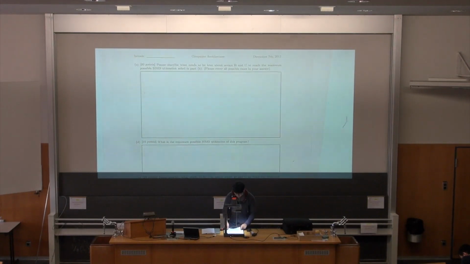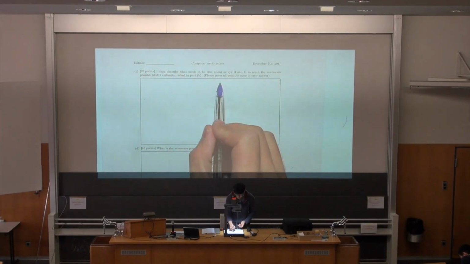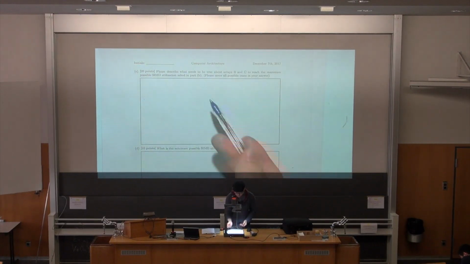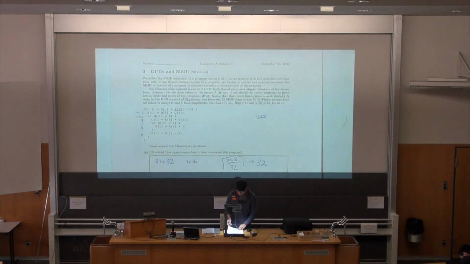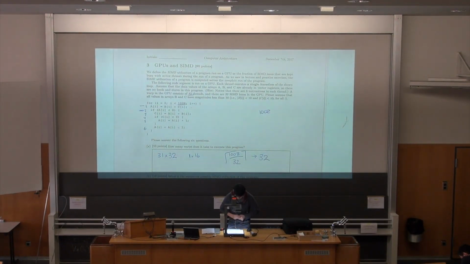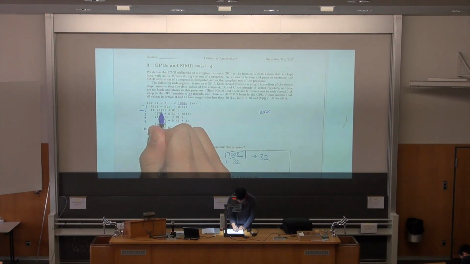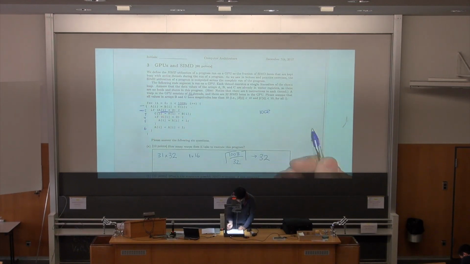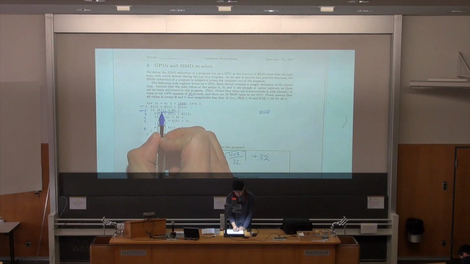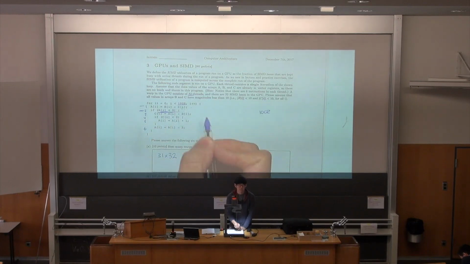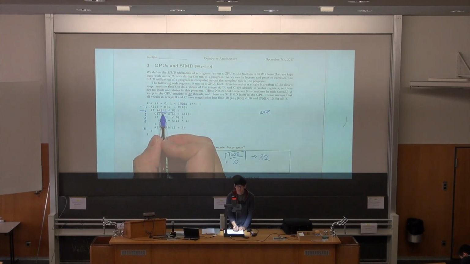The next question asks us to describe what needs to be true about arrays B and C to reach the maximum possible SIMD utilization asked in part B. So it wants you to cover all the cases where we have no branch divergence at all. Let's go back to the function here. The first case is when this branch is not taken. This is true when B times C results in all of these values being greater than or equal to 0, and you can enumerate that yourself.